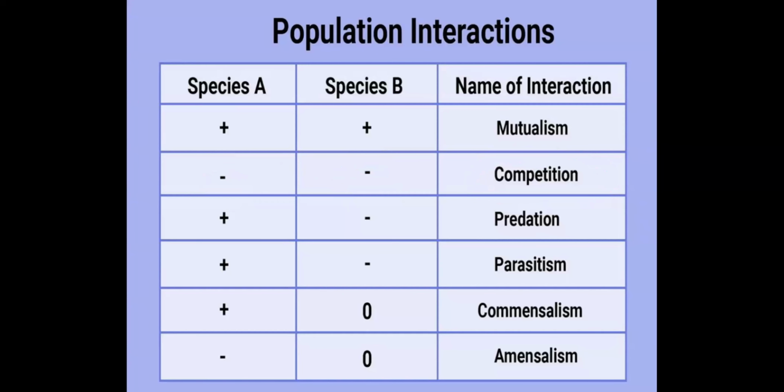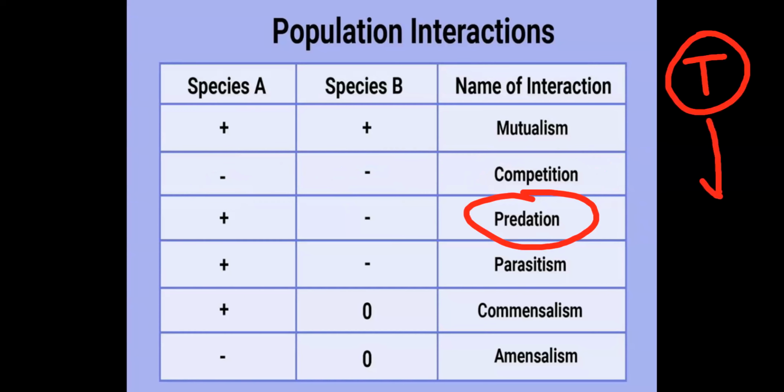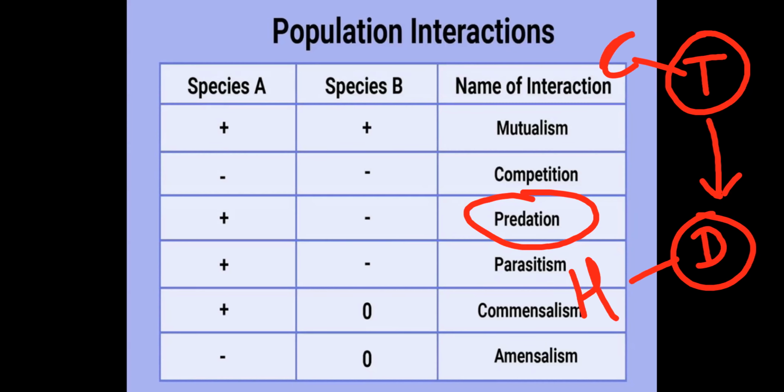Next, predation, right? The next type of interaction that we call predation. In predation, a very well-known example is the tiger. If you go to any sanctuary or national park, suppose a tiger reserve, along with the tiger you will also find deer there. When you visit any national park, suppose you don't meet the tiger, but you will definitely see deer. Yes or no, right? So the tiger is a carnivore, deer is a herbivore. A carnivore eats the herbivore to get the food, to get the energy.